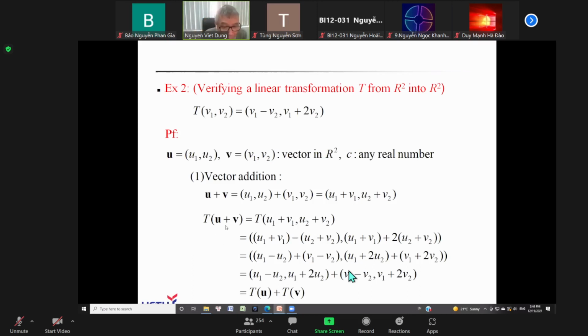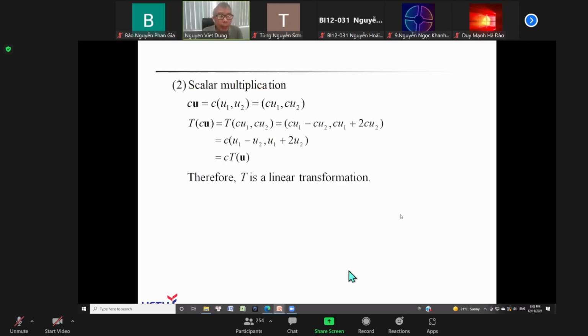Then T of u plus v will be that one. Now, with a simple calculation, you can regroup the terms. You will get that thing plus that thing, and that one is exactly T of u, and the second term will be T of v. So we get T of u plus v equals T u plus T v.